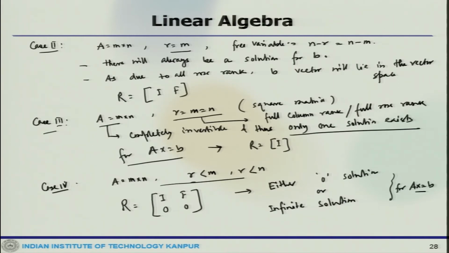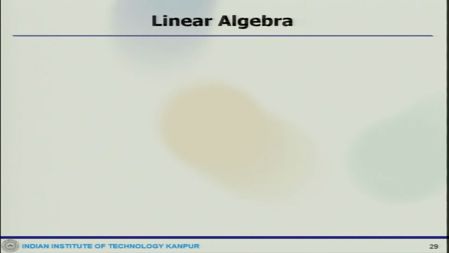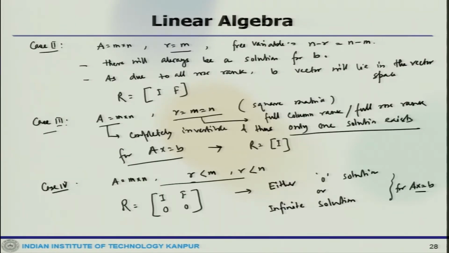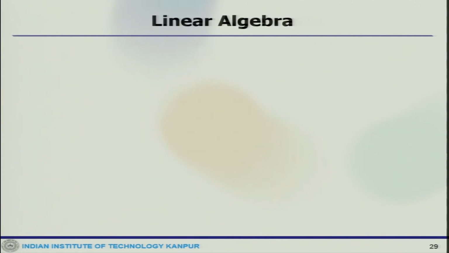So, these are the two possibilities which may appear here. When you see this kind of situation, that brings up an important issue. We are talking about the solution of Ax equals b, where b has to lie in the column space, which consists of some column vectors, and the vectors have to be independent. That is where we bring in the formal definition of linear independence. When do we call a set of vectors linearly independent?